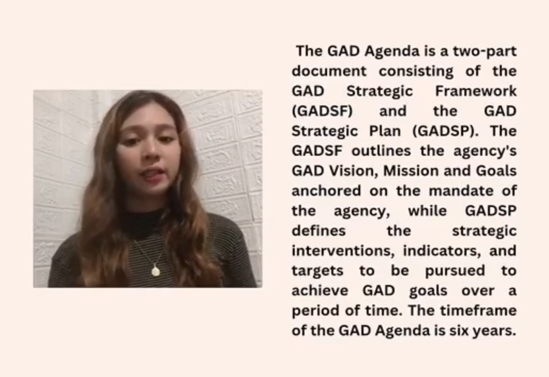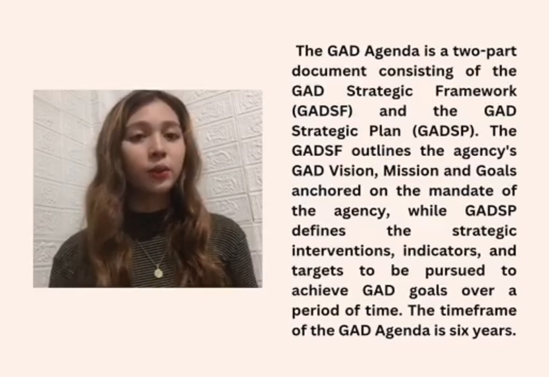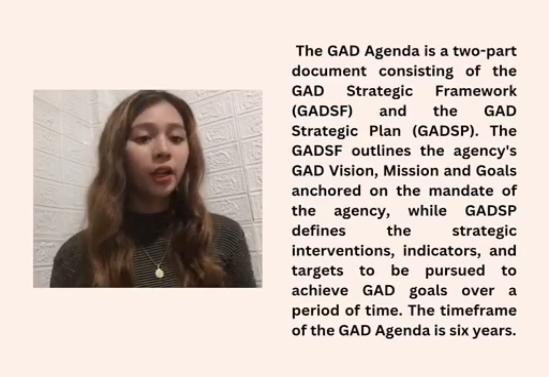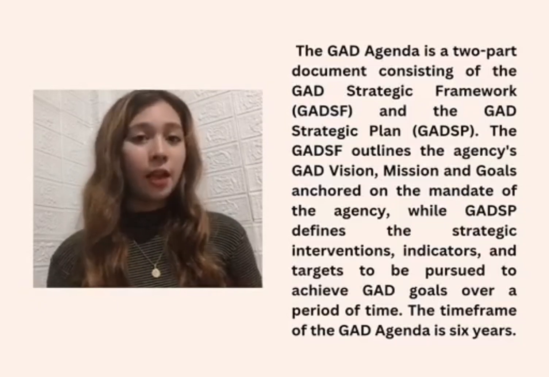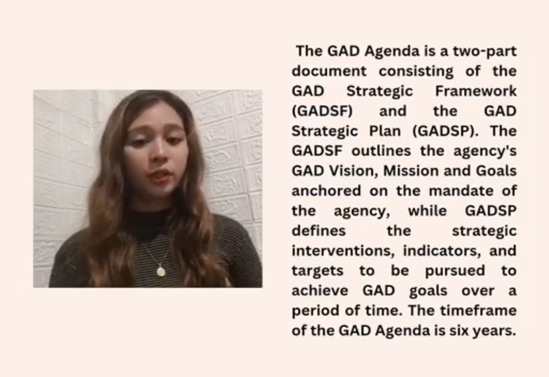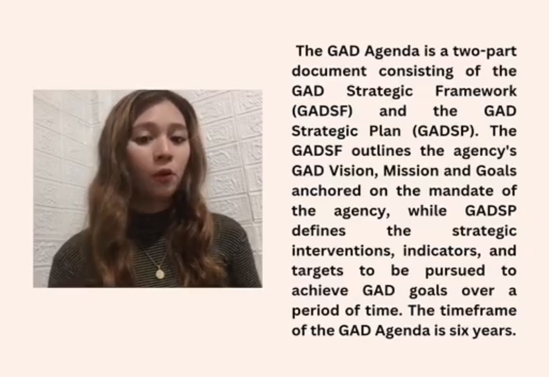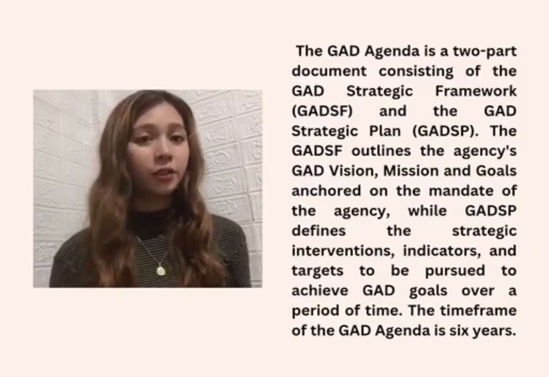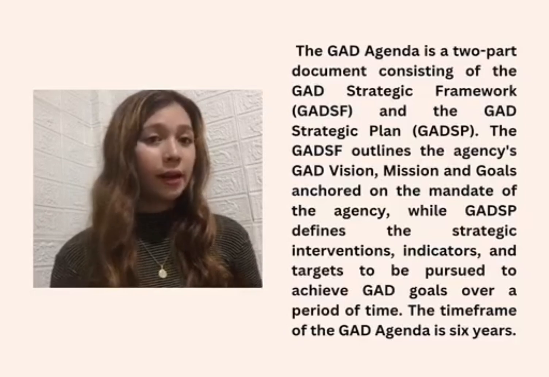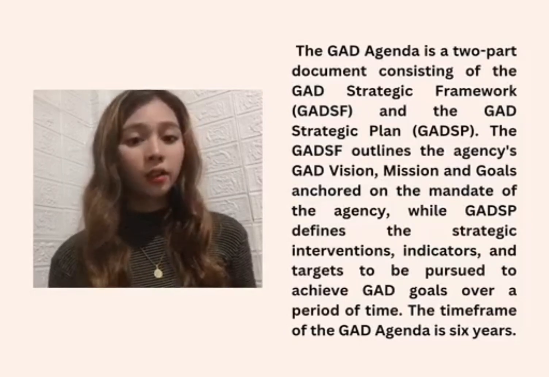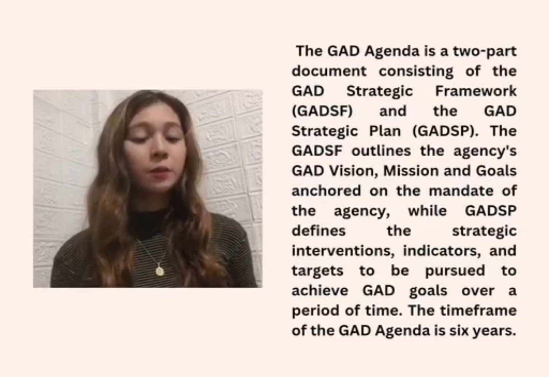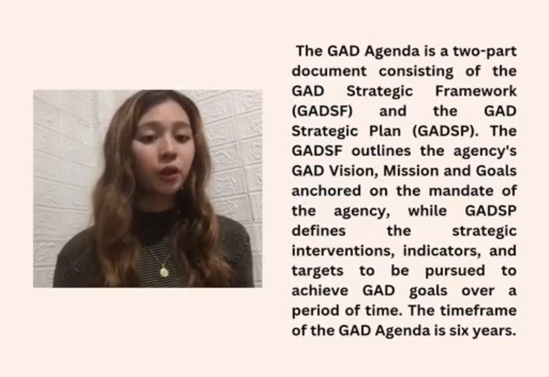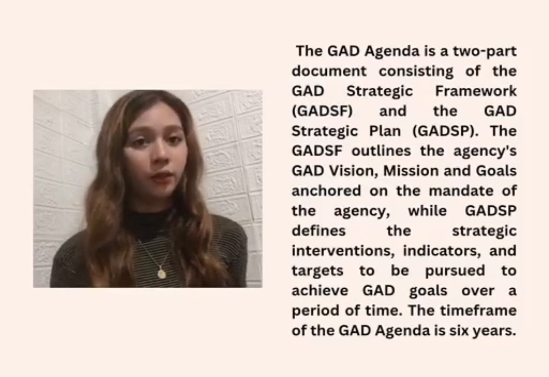Second, we have the GAD strategic plan. It is the action plan that breaks down the GAD framework into specific steps. It includes interventions, which are the main actions or programs that the agency will do. Next are the indicators, so how they will measure progress. Next are the targets, so specific results to achieve within a set time frame, usually 6 years.